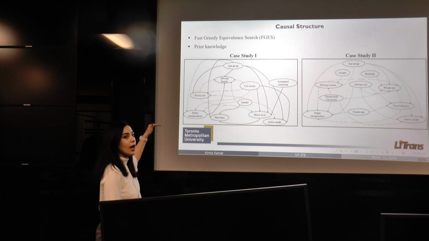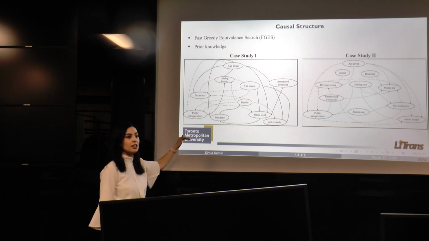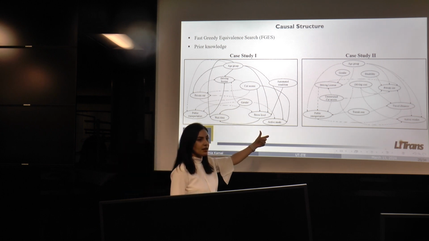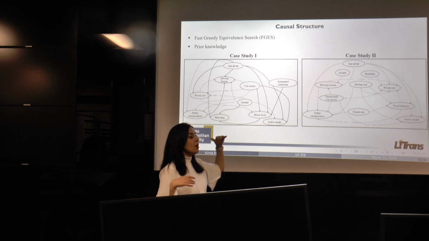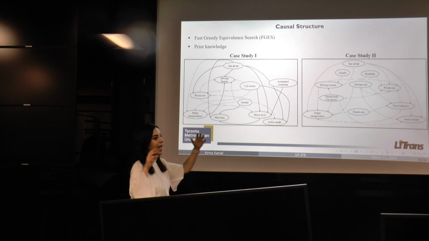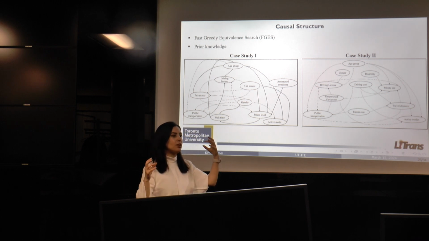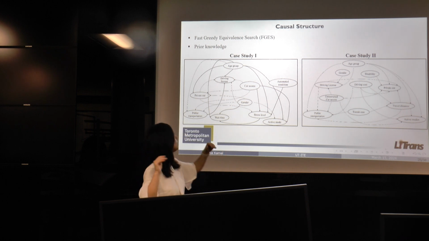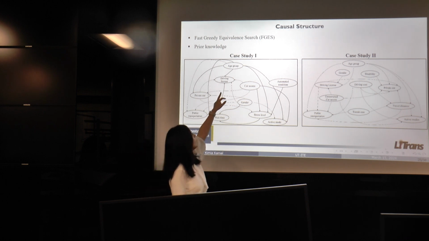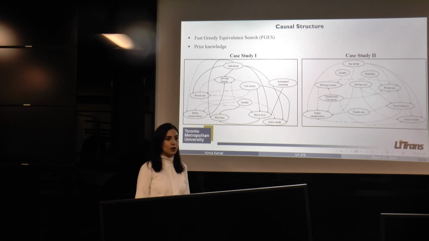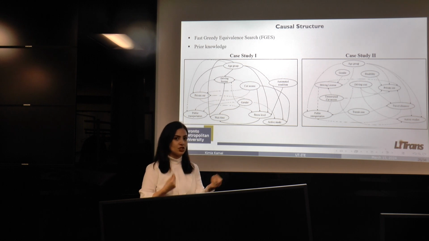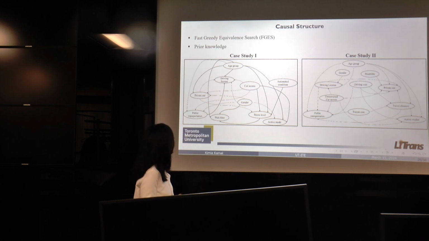We also add some prior knowledge to identify this causal structure. For instance, we restrict any relationship between age and gender, but we allowed any relationship between age and driving license. I mean that we restrict the unreasonable relationships between the variables.